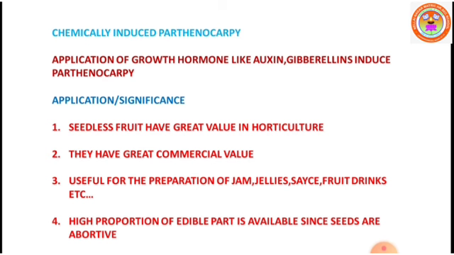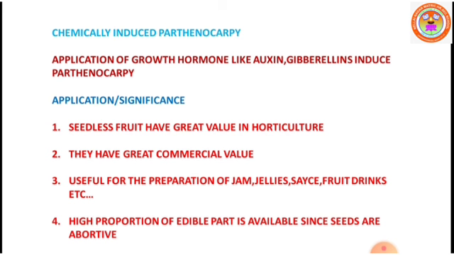In 1963, Nitsch classified parthenocarpy in plants into three types: genetic parthenocarpy, environmental parthenocarpy, and chemically induced parthenocarpy. Using hormones like auxin and gibberellin, they induce fruit formation without seeds, which is called chemically induced parthenocarpy.